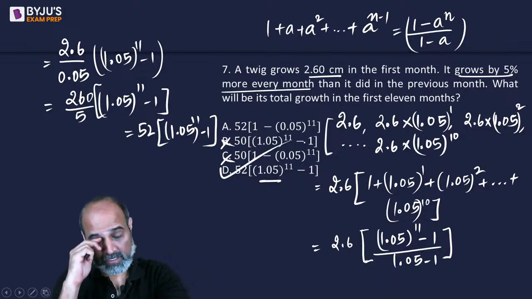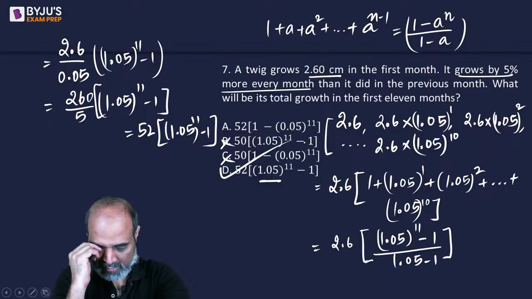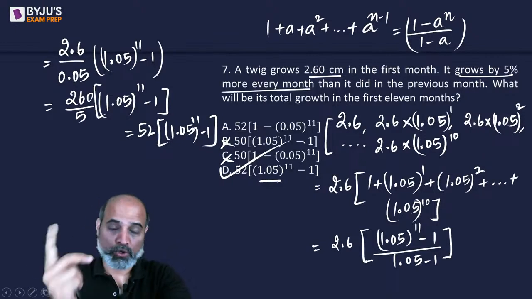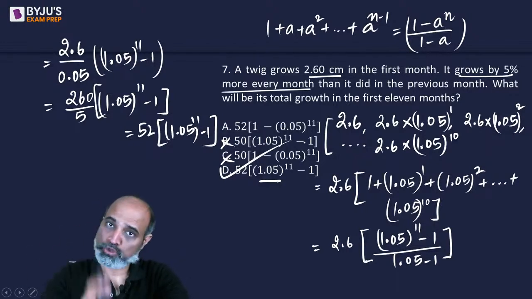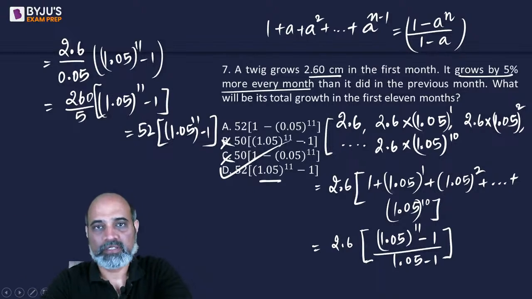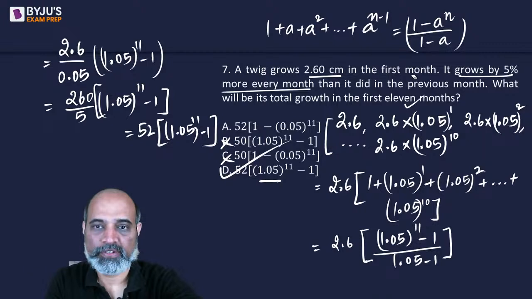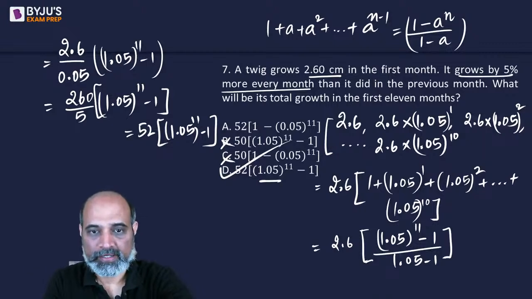So D is your answer, right? So a silly mistake in understanding the language. Growth तो 2.6 से हो रहा है. 2.6 is not the height. It is growing by 2.6, but the next month growth is 2.6 plus उसका 5%. So 2.6 into 1.05. Right?